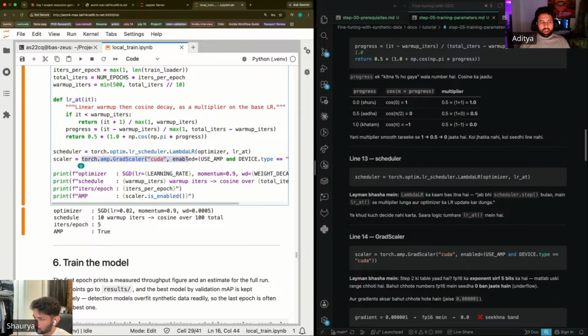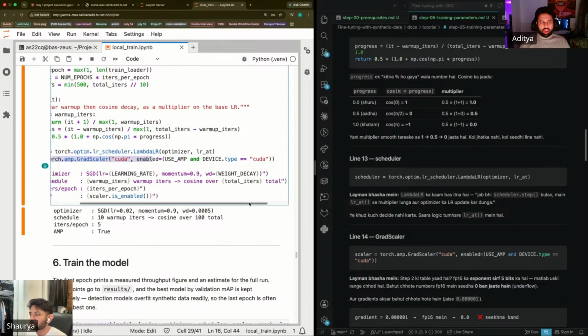Torch dot amp dot GradScaler, CUDA, enabled use AMP, and device type is equal to CUDA.